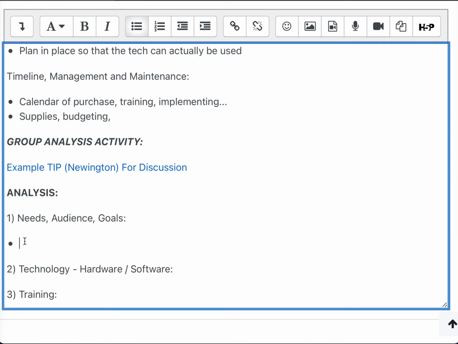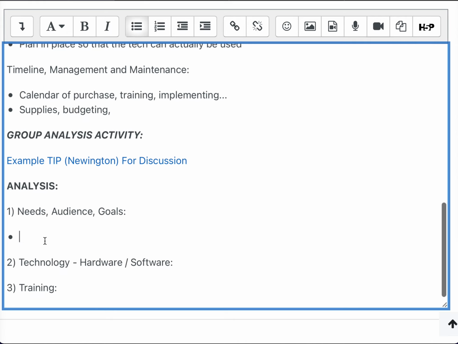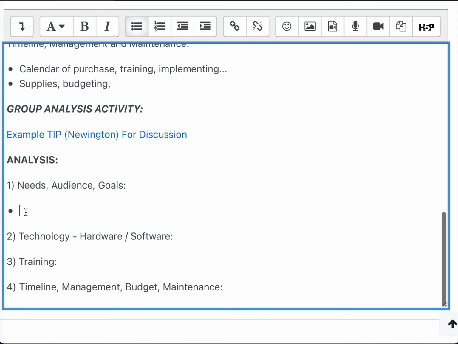So here we are with Newington, and basically we'll take each of these four areas one at a time. I guess we can look at each one from two perspectives. Either what evidence did you see in the document that this particular area of a technology plan was addressed?